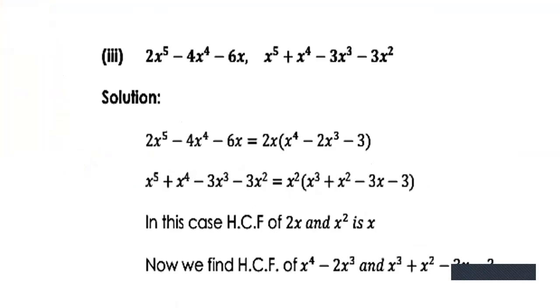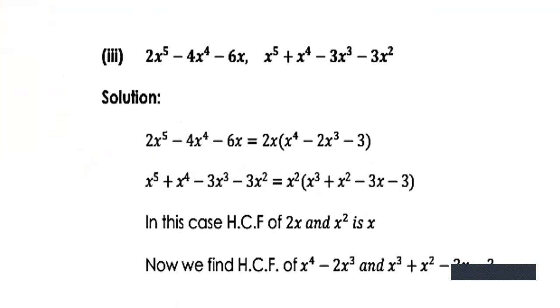Question 3 is 2x power 5 minus 4x power 4 minus 6x and x power 5 plus 2 plus x power 4 minus 3x cube minus 3x square. Here you can see that we may take common from first term and also from second term.